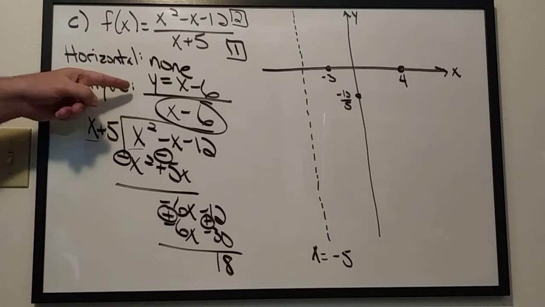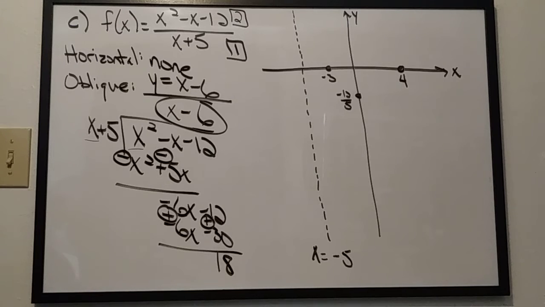Well, this is a line that is in slope-intercept form. So because it's in slope-intercept form, I actually know quite a bit about that line. I know that it has a slope of 1, and I know that it's going to have a y-intercept of negative 6. And once I have those two pieces of information, I know where my line has to go.